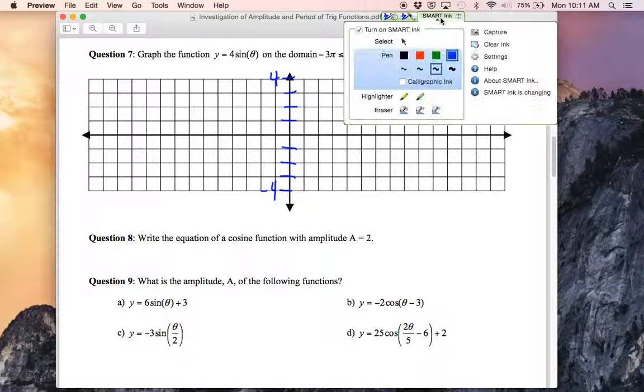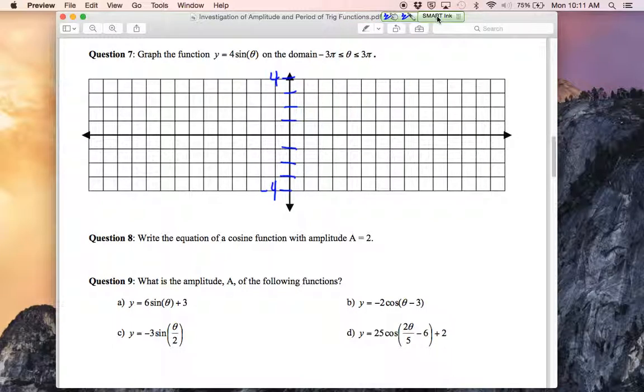We're going to number by the exact same thing. So pi over 2, pi, 3 pi over 2, 2 pi, 5 pi over 2, 3 pi, then we've got our negatives, negative pi over 2, negative pi, negative 3 pi over 2, negative 2 pi, negative 5 pi over 2, and then negative 3 pi.